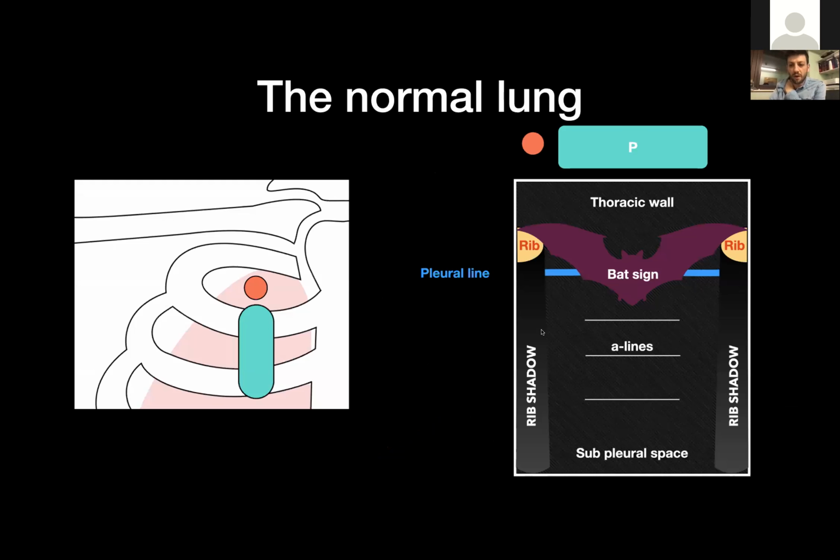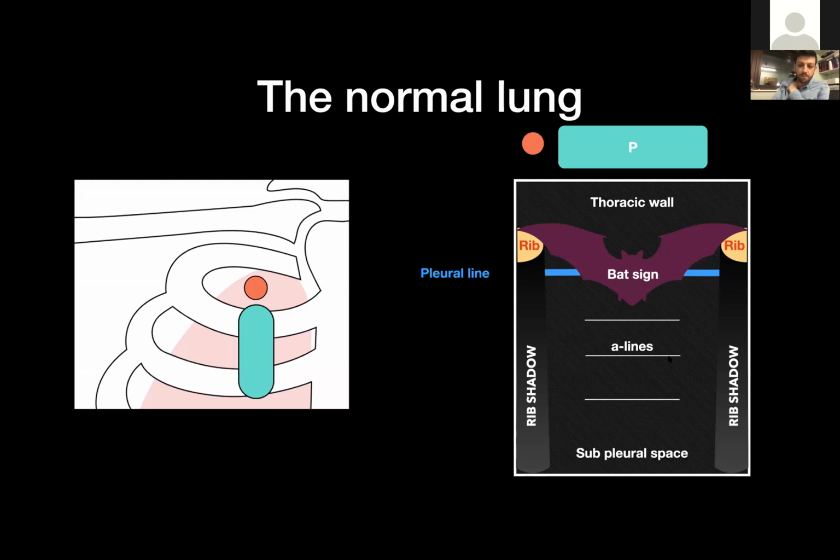We'll have a quick talk about normal lung. Here we've got the probe positioned perpendicular to the ribs, and you will see an image that has 2 ribs, an upper rib and a lower rib, with a posterior acoustic shadow behind each rib. You'll have a bright pleural line, and the shape made by the 2 ribs and the pleural line you may see referred to as the bat sign.